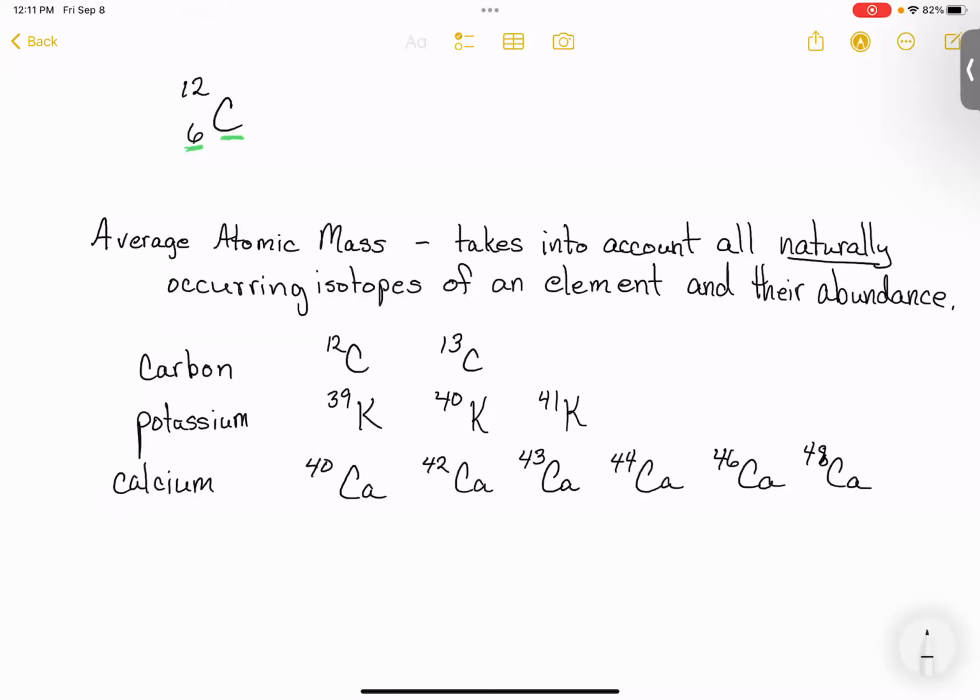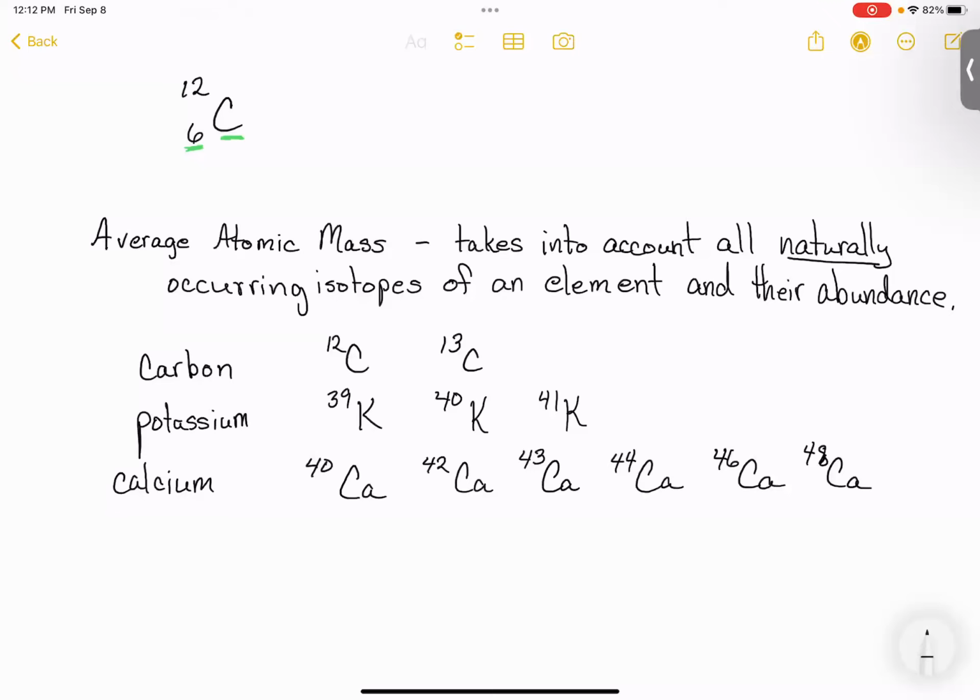Now, the second thing I want to mention about that, though, is a lot of times by looking at the average atomic mass, you can predict the most abundant of the isotopes.